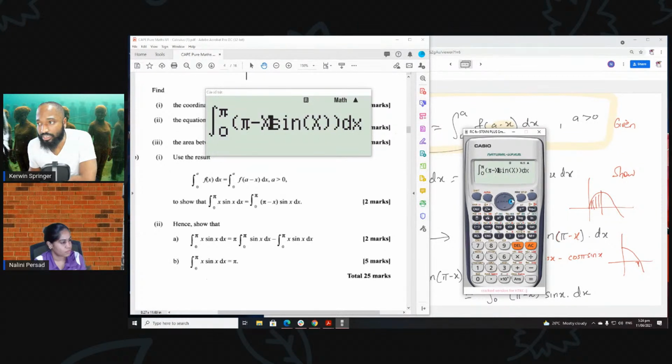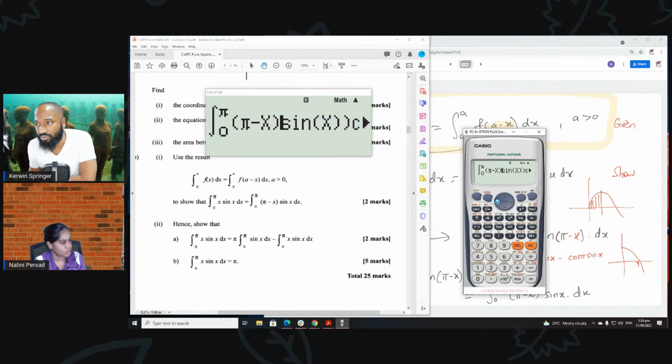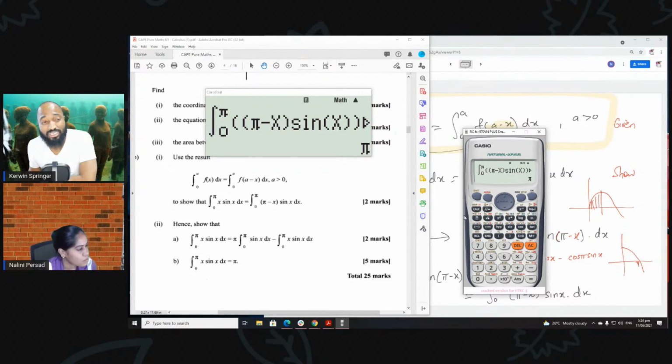Pi minus x. It gives the same thing. Pi minus sine x sine x. Why is this not cos x? This is a very interesting question.